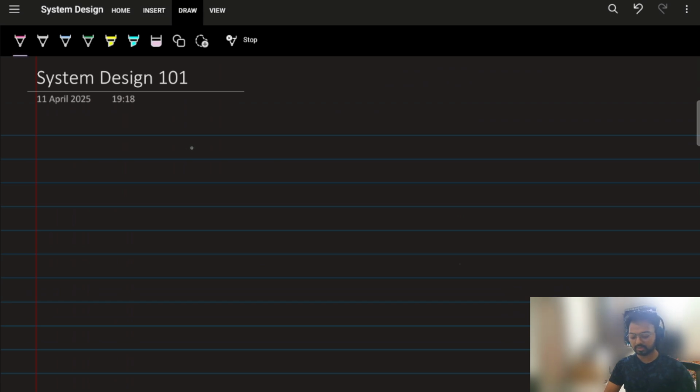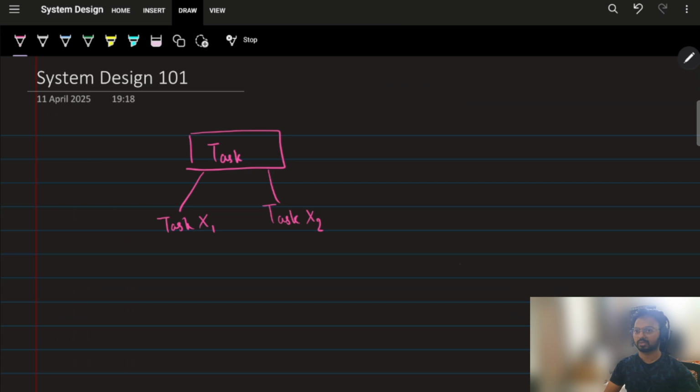You have a task at hand, and you divide it into multiple subtasks. Task X1, and another subtask X2, are nothing but the subtasks you produce. This is called breaking down your task into subtasks, and you can run both of them concurrently.